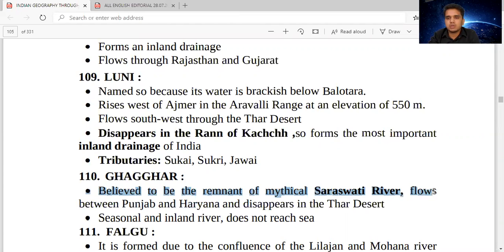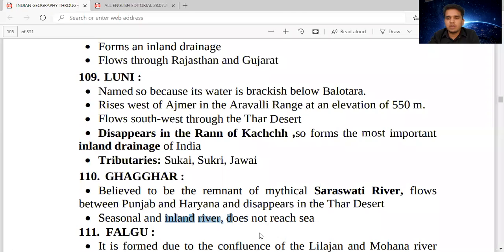the mythical Saraswati river, it flows between Punjab and Haryana and disappears in the Thar Desert. Seasonal and inland river. It is also an inland river. That's why it is said to be the Saraswati river. Luni is also an inland river, which is why it is also said to be the Saraswati river.